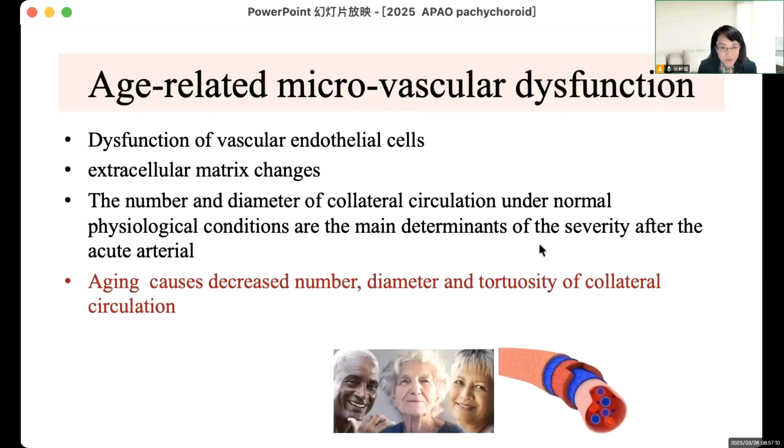We further found that among all the age-related microvascular dysfunction factors, collateral circulation is the primary risk factor, as aging leads to a decrease in the number, diameter, and tortuosity of collateral vessels.